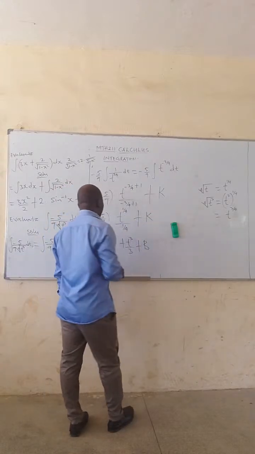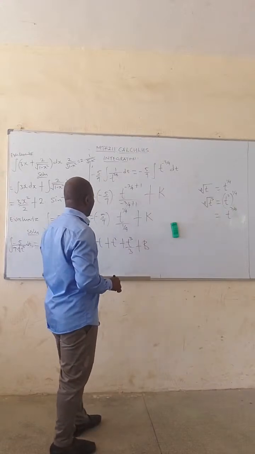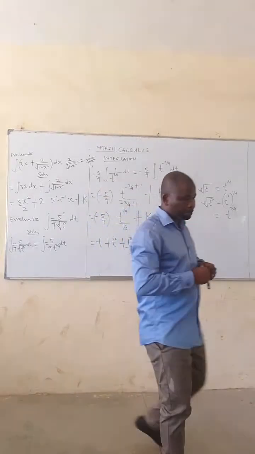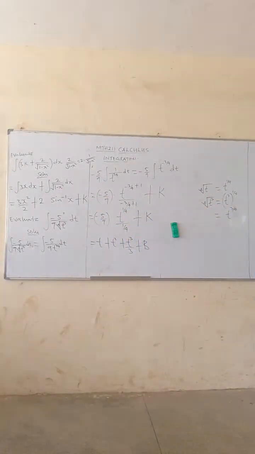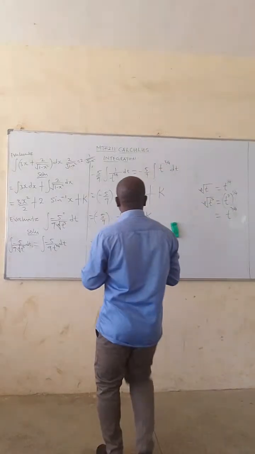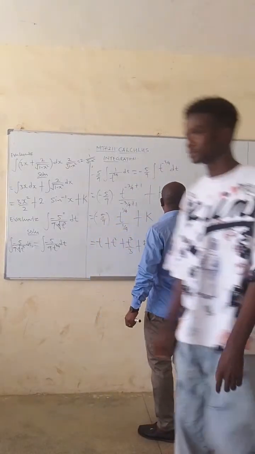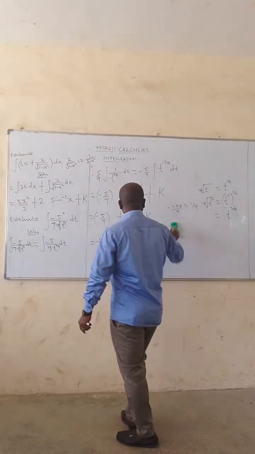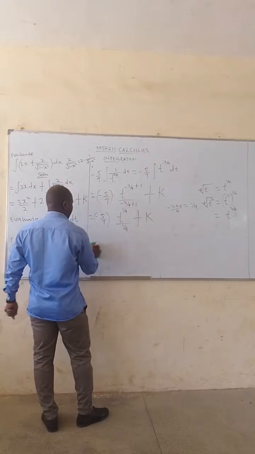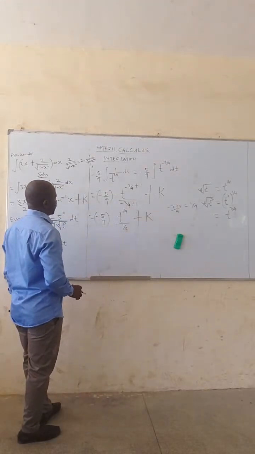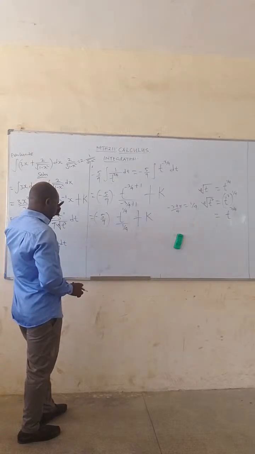Plus k. True or false? I'm right, because here will be 3 plus 4 all over 4, 1 all over 4.